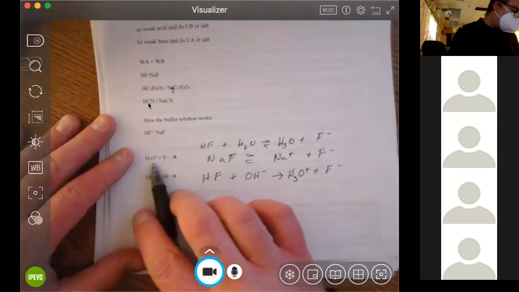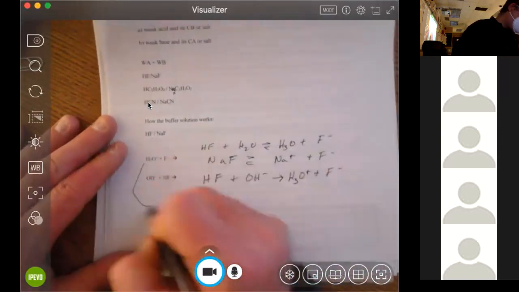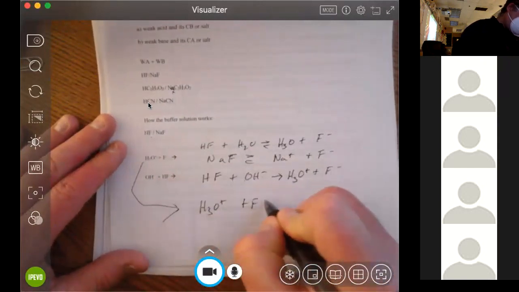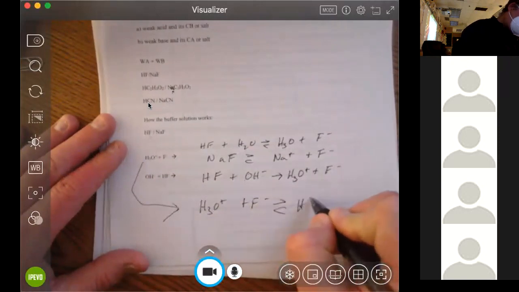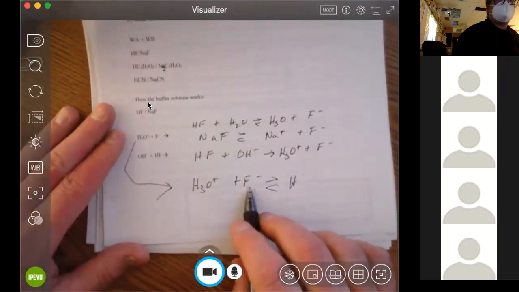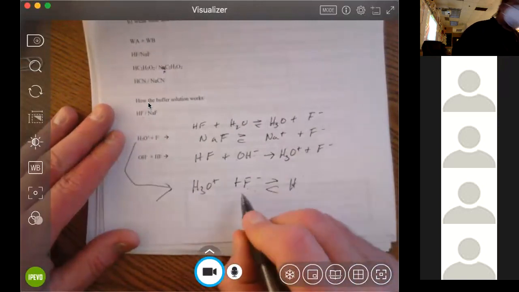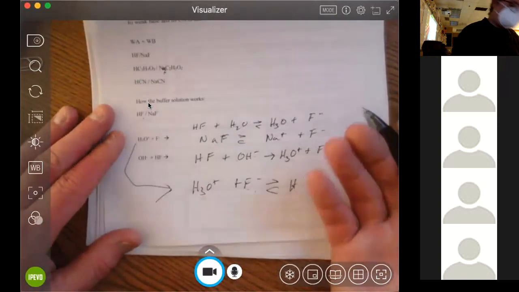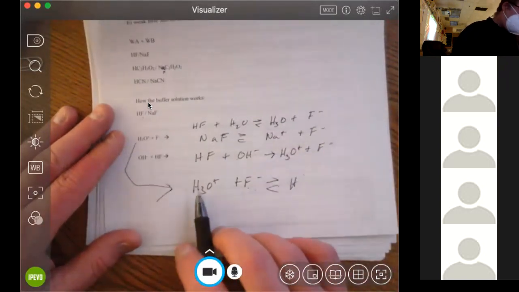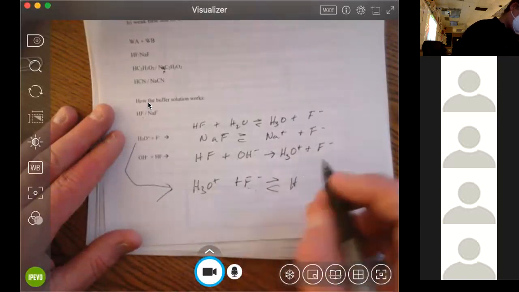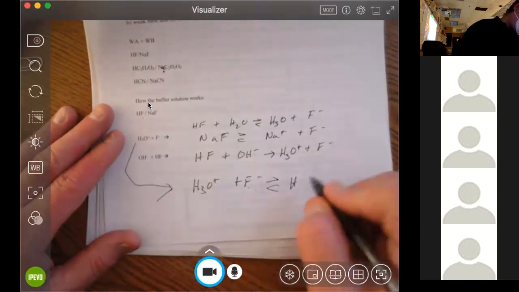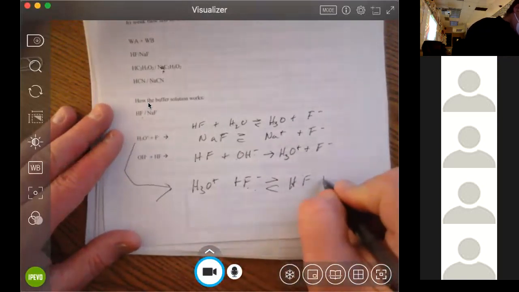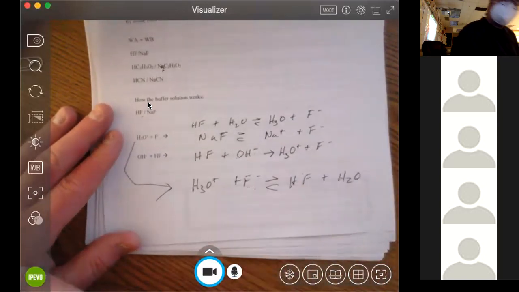So if that F negative is in there, the H3O plus plus F negative will get picked up. Again, remember that HF is a weak acid, so its equilibrium constant is less than 1. So if all of a sudden you have an influx of H3O plus, that's going to favor the forward reaction, and the HF will get picked up, and then you will have H2O left over.